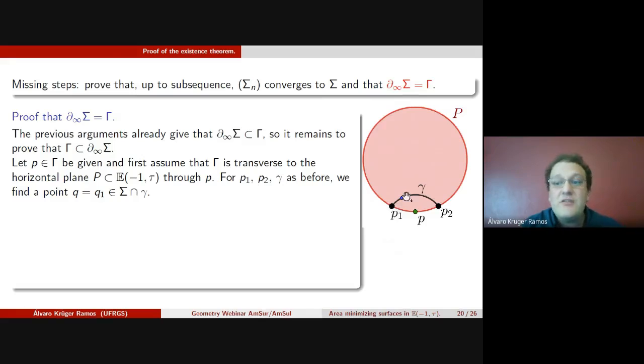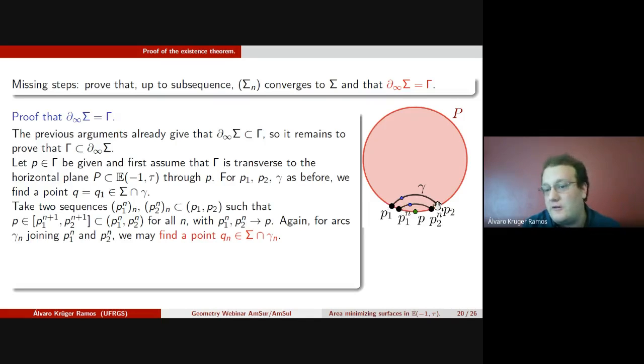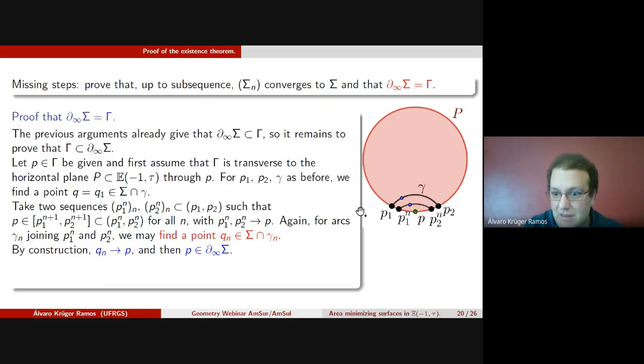Now this can be done for any arc you choose. So you get a smaller arc, you get another point in sigma. And if you get a smaller arc, you get another point. Eventually, you get a sequence that converges to P by construction. So this point is in the asymptotic boundary of sigma. Remember, you are not making the convergence of sigma n again. You are just working on sigma.